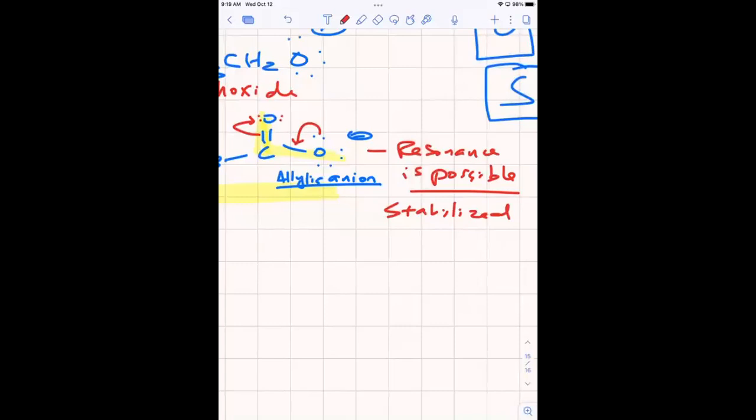Something that's less stable is going to be more reactive. Something that's more stable will be less reactive. So when you see an opportunity where your nucleophile has the opportunity to do resonance, that's going to make it less nucleophilic.